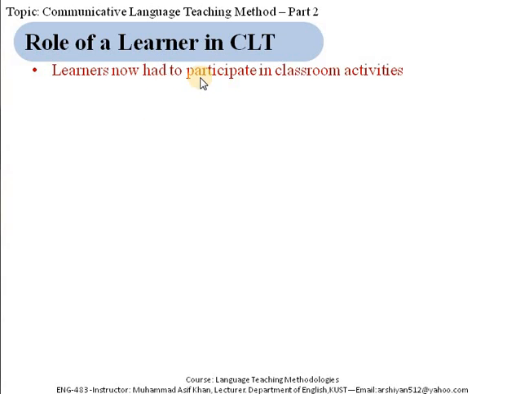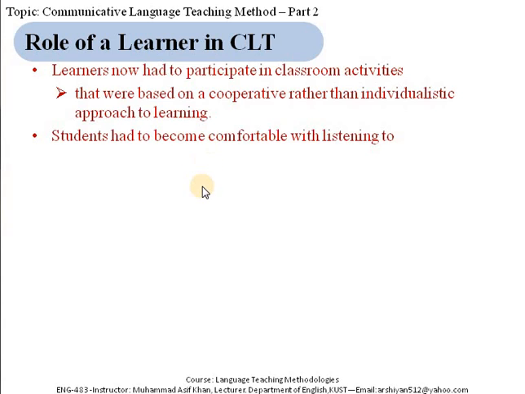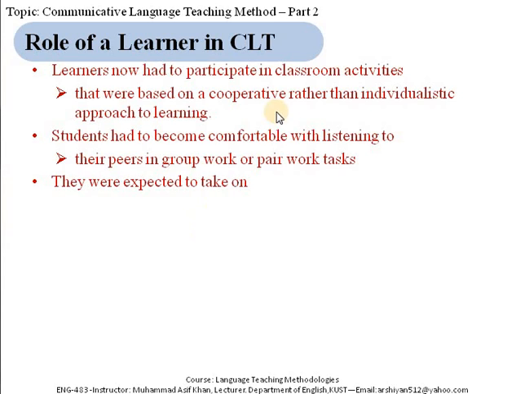Students have to become comfortable with listening to their peers in group work or pair work. Instead of replying to the teacher, who served as a model in traditional methods, here they are talking with their peers, and for that reason they are comfortable in their activities.